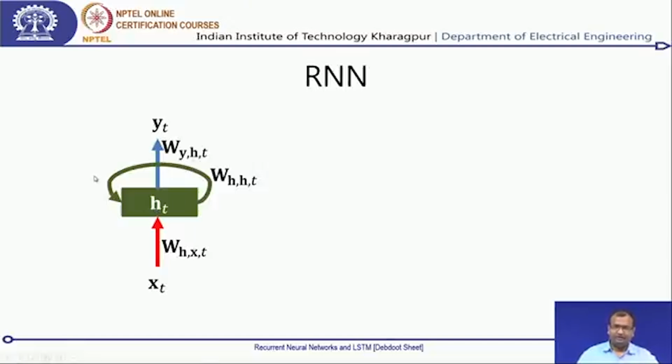Instead of the output being related to the input, Y is not related to X, but the hidden state at the previous time instance is what influences my hidden state at the current time instance. And the way it influences is via this weight, WHH.